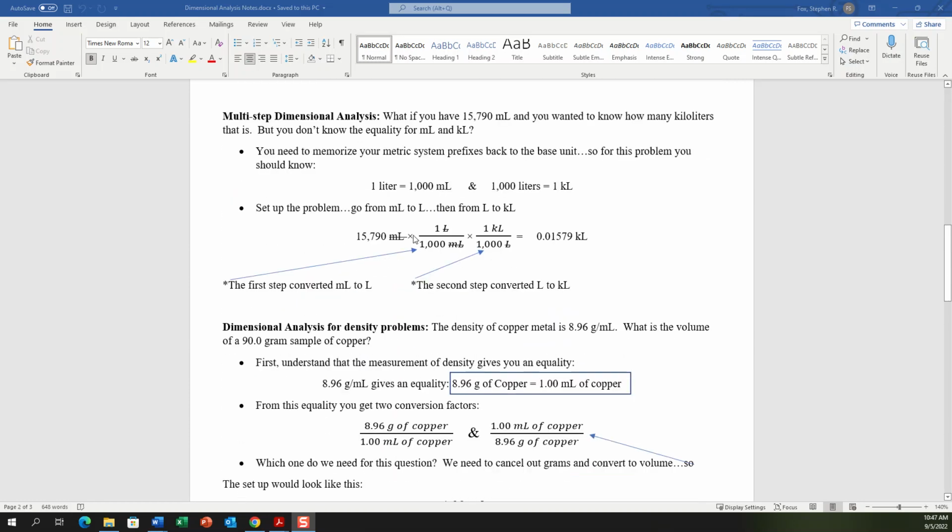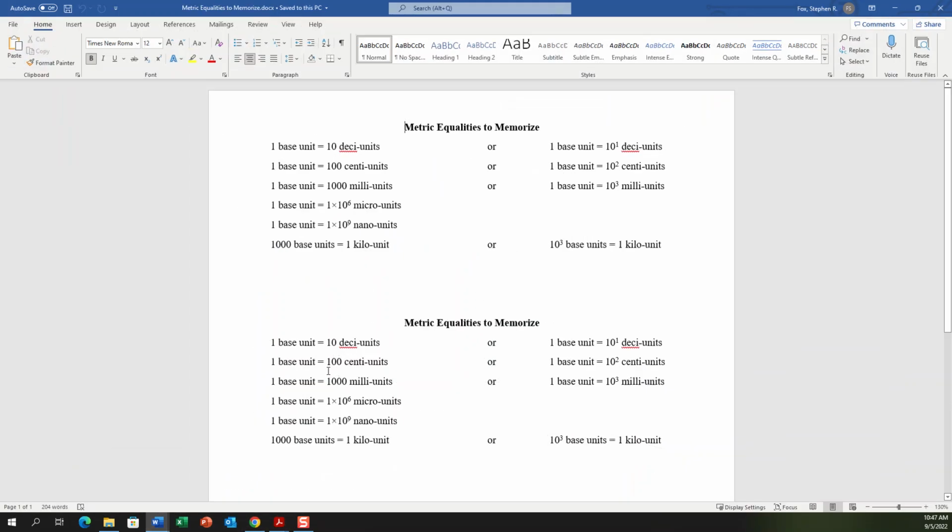This shows you different dimensional analysis setups with the metric system. The other thing you might want to look at are the metric equalities that you're responsible for.